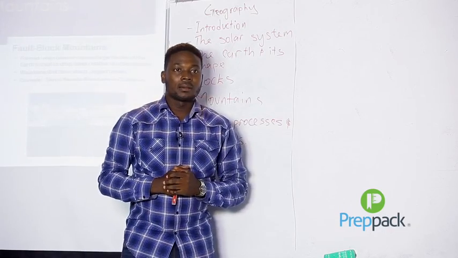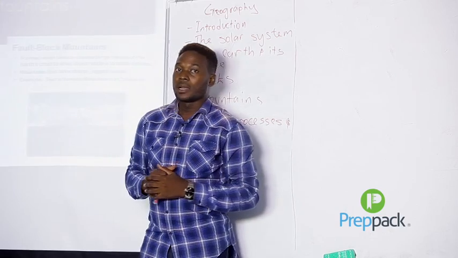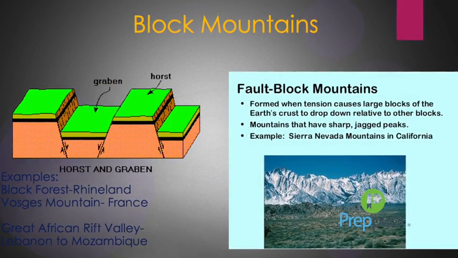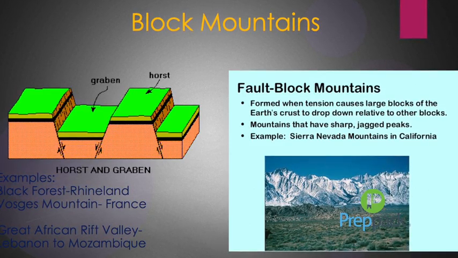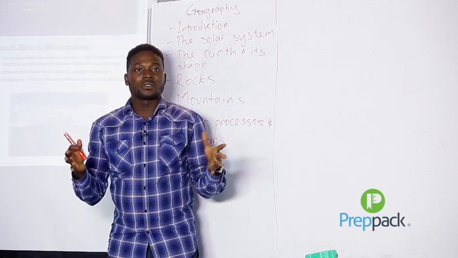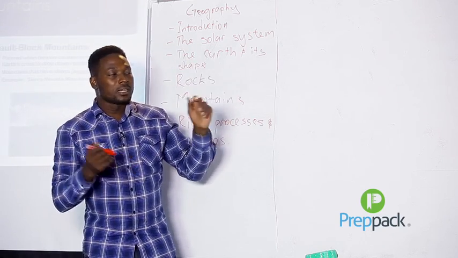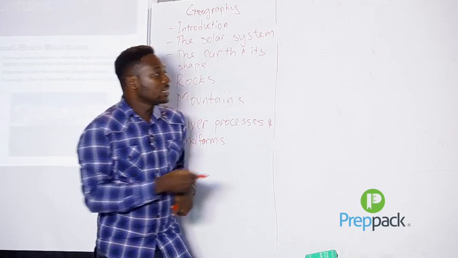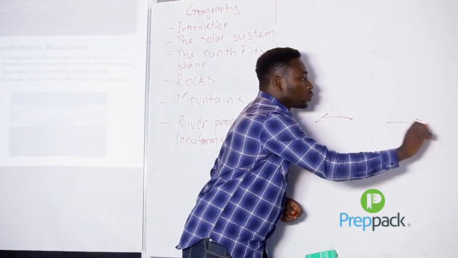So when we look at the other type of mountain that we have, which is the block mountain, they're also called fault or block mountains. These are mountains that result from tensional forces within the Earth's crust. The fold mountain is as a result of compressional forces. Block mountains are as a result of tensional forces, sometimes moving outward.